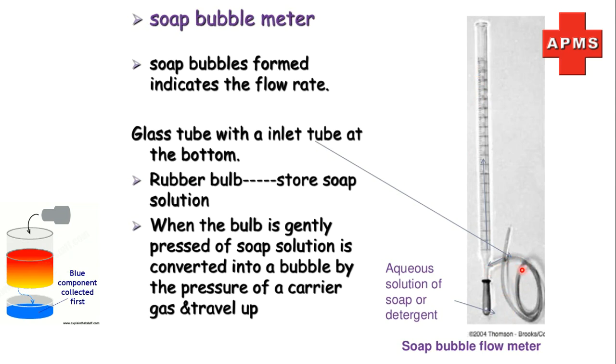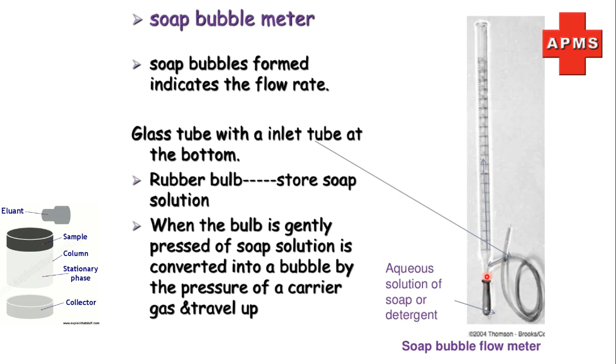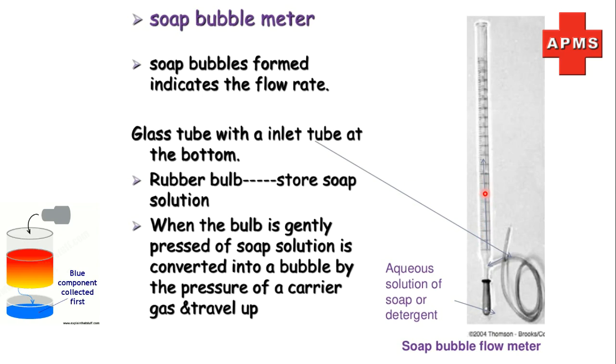And when this carrier gas moves in this direction, the aqueous solution of soap or detergent which is filled in this bulb, when it comes into contact with this carrier gas, forms a type of bubbles or soap layers inside this tube.